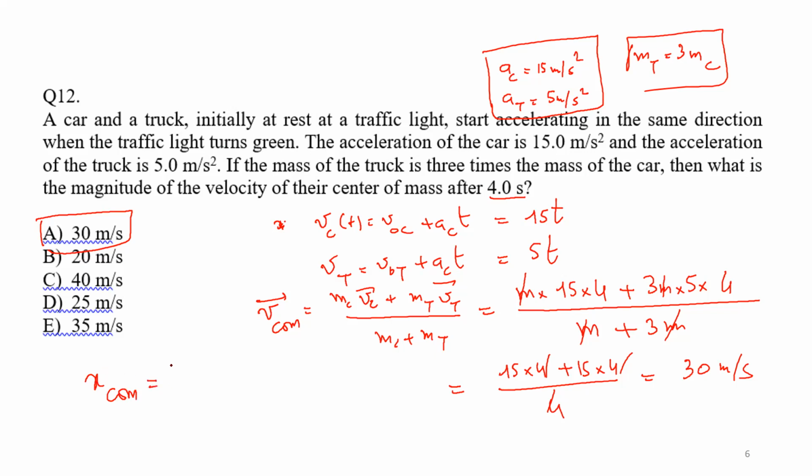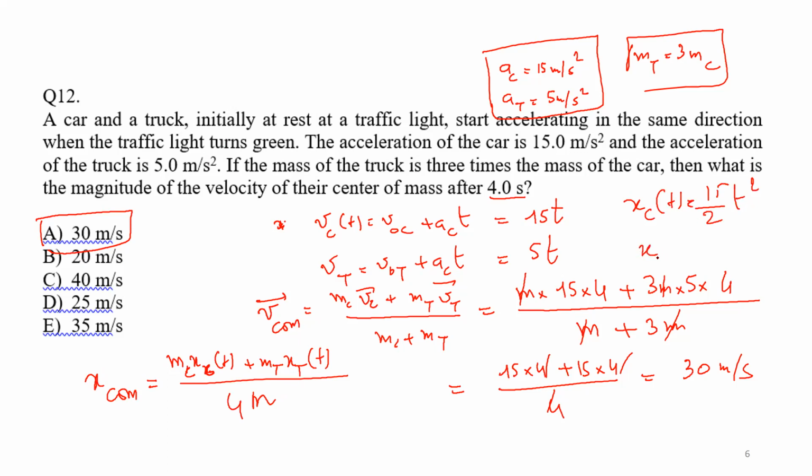Of course, this you know. It will be M car X car plus M truck X truck divided by the total mass, which is 4M. Now, what is X car? Of course, X car at any time will be 15 divided by 2 t squared.